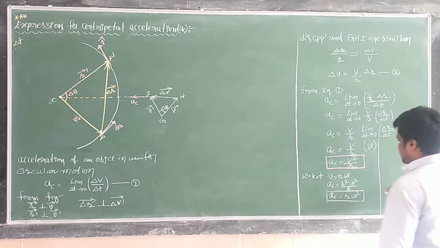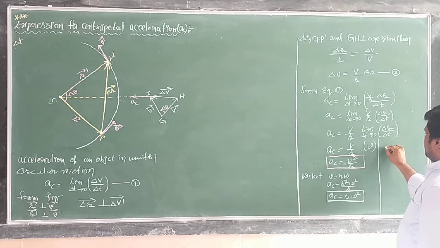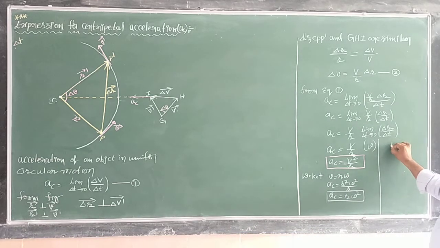Next, you just see, omega is equal to 2 pi f. So the centripetal acceleration R into omega square is R into 2 pi f whole square.